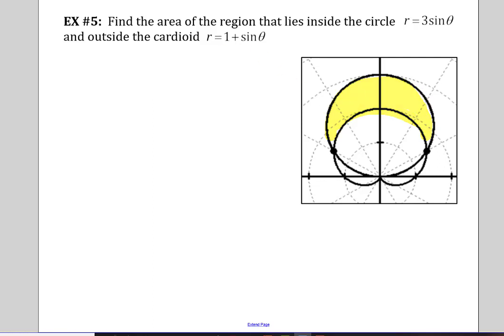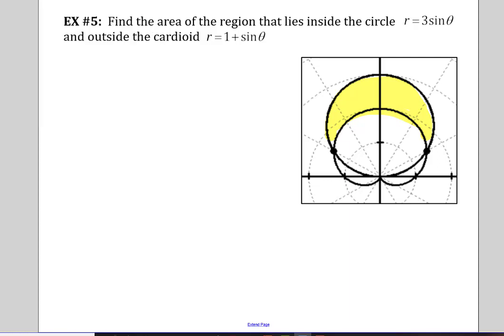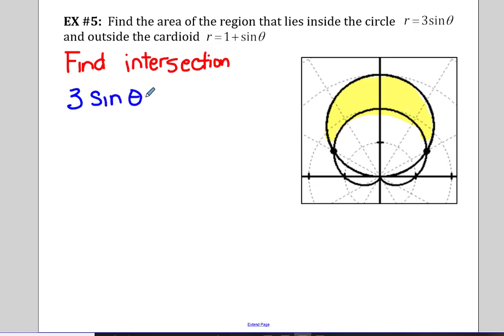Now, if you think about it, we're going to want to find the intersection of those two areas. So we might want to make a note of that. We need the intersection of where those two shapes cross. So we want to think about where is 3 sine of theta equal to 1 plus sine of theta.